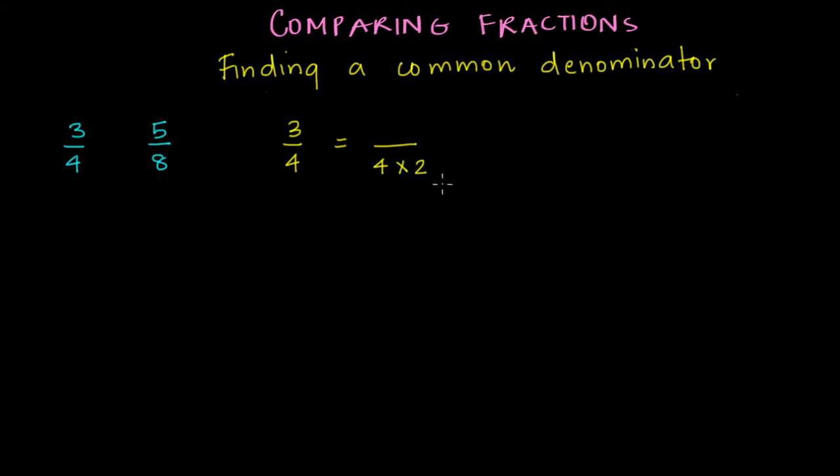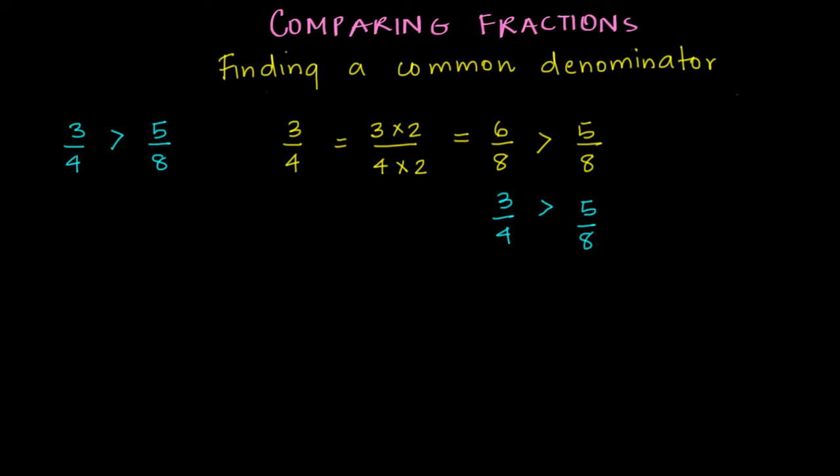And if I multiply the denominator by 2, I should also multiply the numerator by 2. That's going to give me 6/8. And if I compare that with 5/8, I know 6/8 is greater than 5/8. So if I go back to my original two fractions of 3/4 and 5/8, 3/4, which is also equal to 6/8, is greater than 5/8.